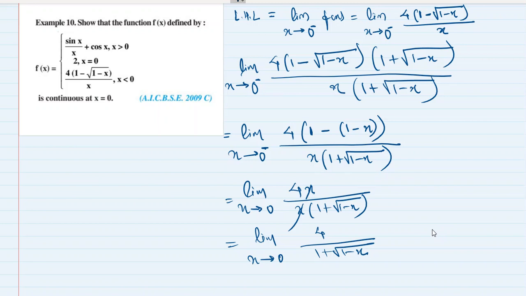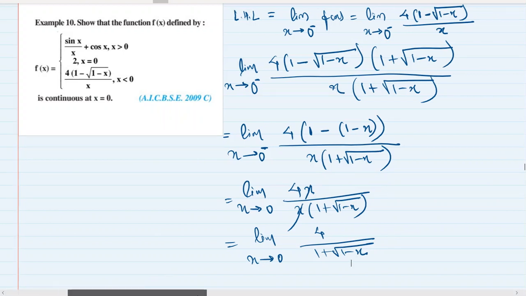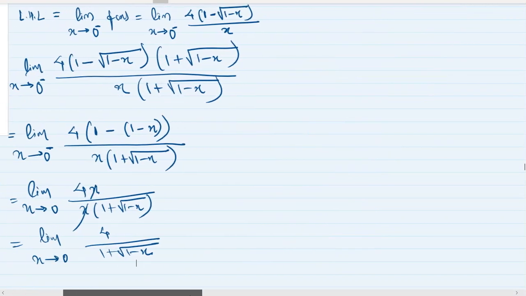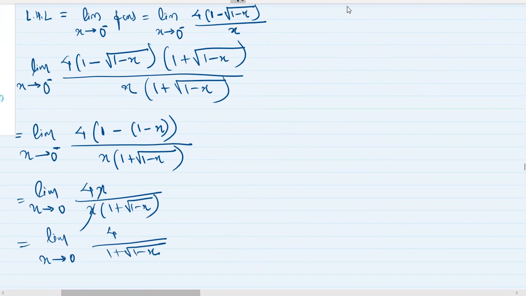Okay, now let's see if we can use the h method. Now I think we can use the h method. So limit when h tends to 0, and this is x tends to 0 minus, I'm sorry, I did not write it over here.